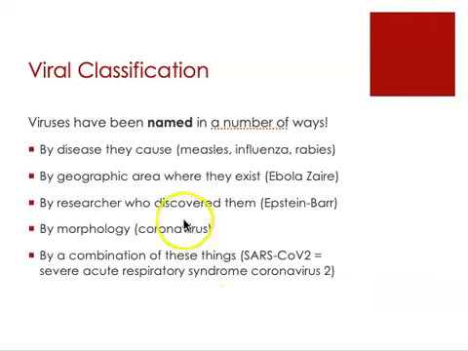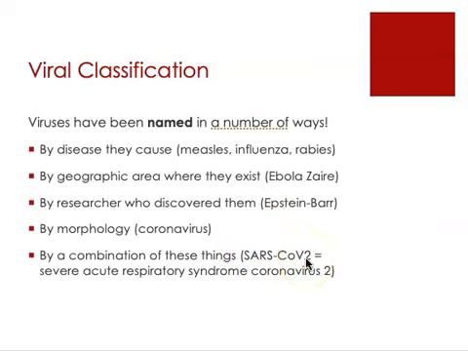The term corona translates as crown. And finally, there are viruses that are named by a combination of things. The pandemic coronavirus is formally named SARS-CoV-2, and that stands for Severe Acute Respiratory Syndrome, Coronavirus 2.